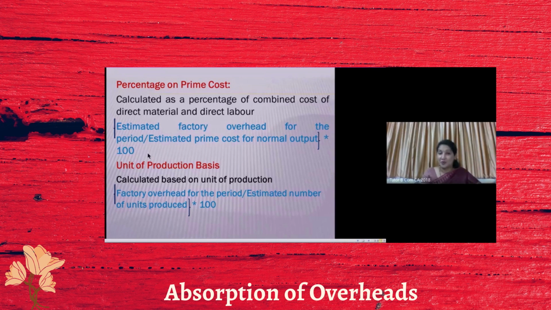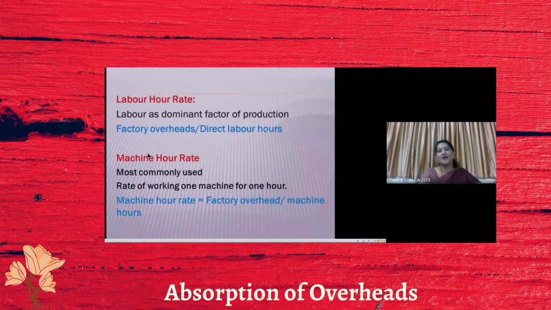Then we talked about prime cost being the denominator. Next one we discussed where number of units produced, the factory overhead would be in proportion to number of units produced, right? And of course, labor hour rate, factory overhead will be divided by direct labor hours. That is, the denominator would be labor hours. So that's why it is called labor hour rate.